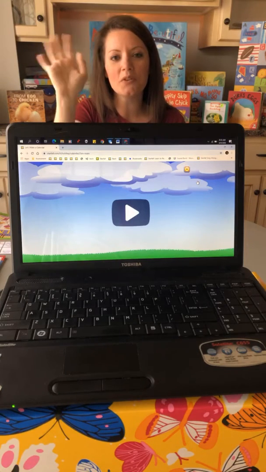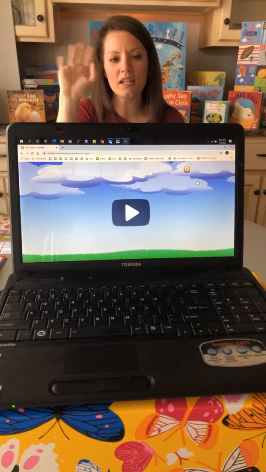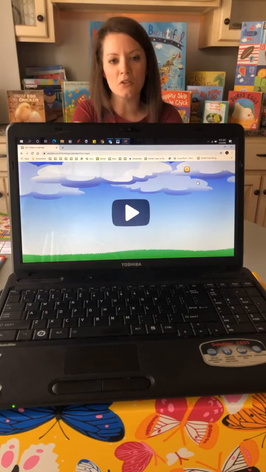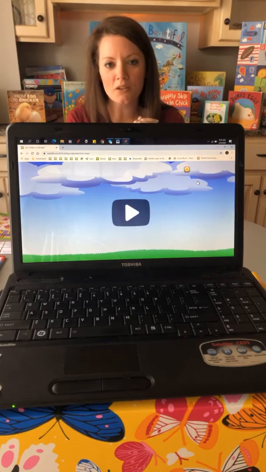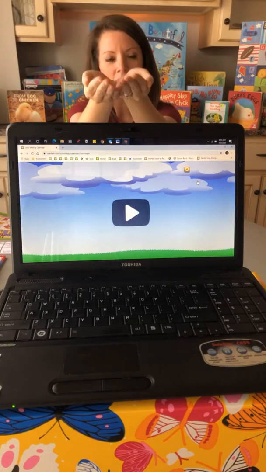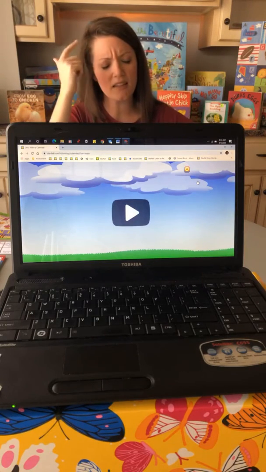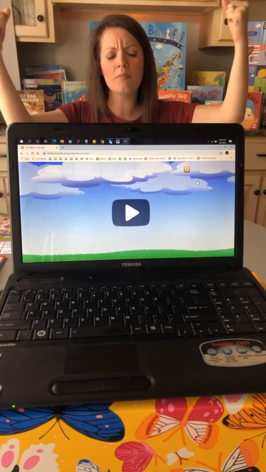Good morning, good morning, good morning to you. Good morning, Miss Gibbons class. What are we going to do today? Read, read, read, write, write, write, and think, think, think with all our might.